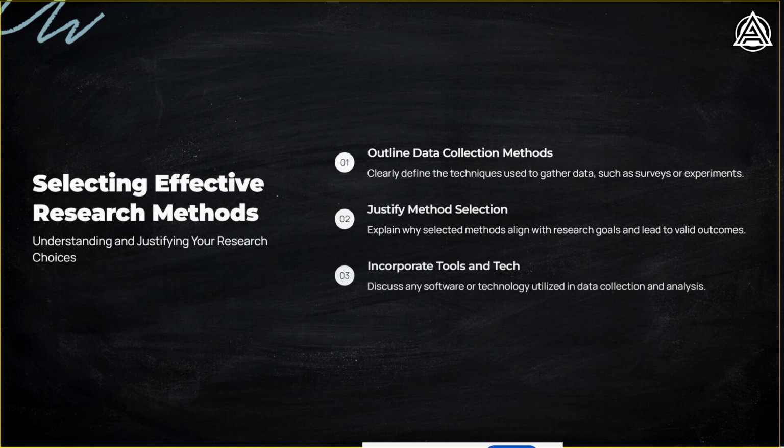So next is research methodology, selecting effective research methods. So this is applicable for analysis based works, like outline data collection methods, like what are all methods you have employed to collect data, whether you have collected it from some online databases, or whether you have collected data from different pages using tools, AIs or bots, and then justify your method selection.